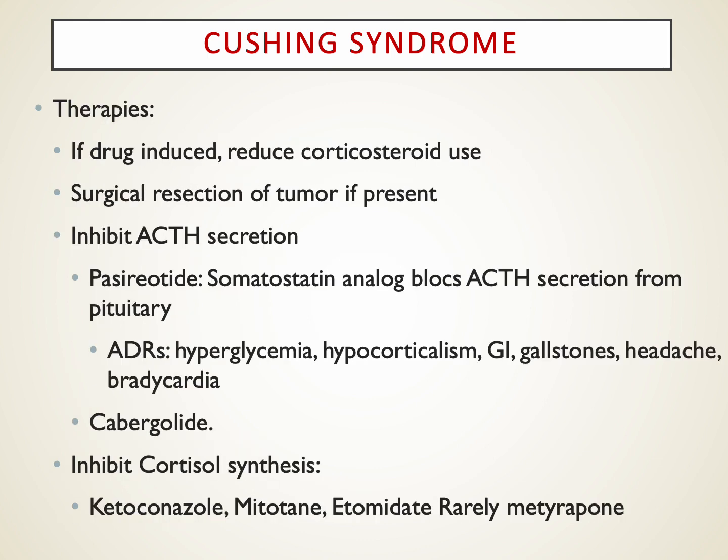The therapeutic interventions here, if it's drug-induced, we want to do what we can to reduce the corticosteroid. If it's a tumor, you want to have it surgically addressed and removed. And if you need to inhibit adrenocorticotropic hormone secretion, we might use a somatostatin analog, or you might look at inhibiting cortisol synthesis with ketoconazole or mitotane or something like that.